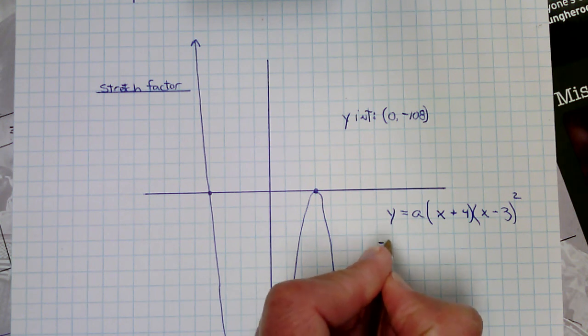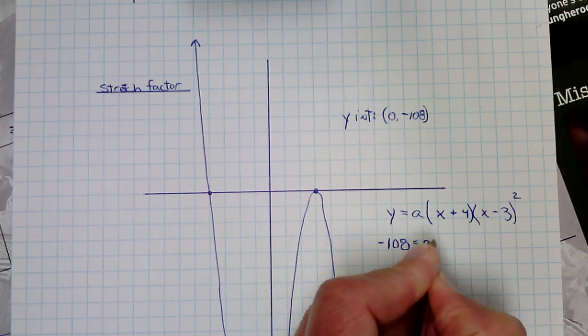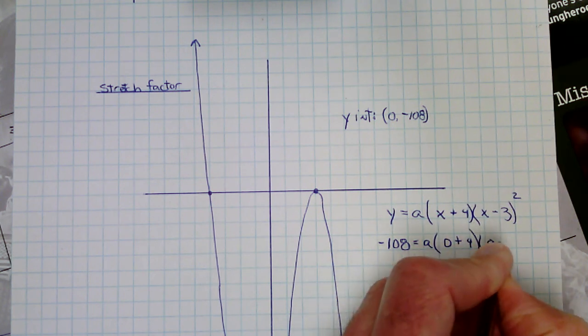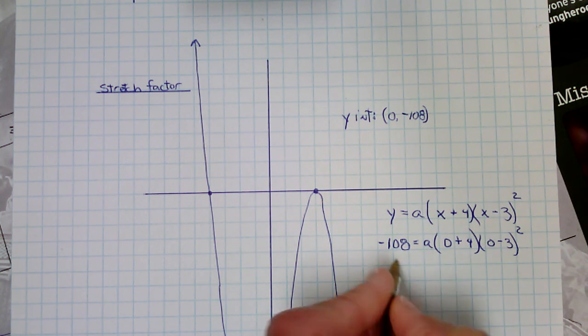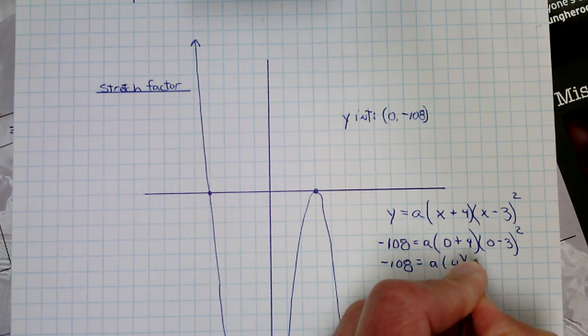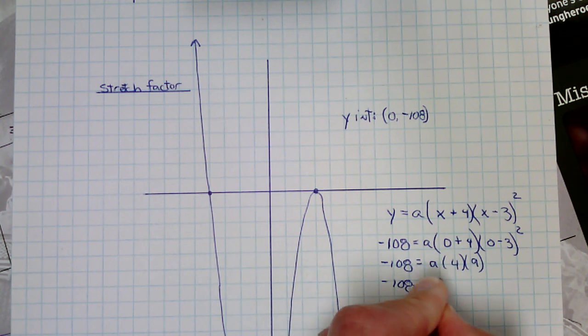We've got negative 108 equals a times (0 plus 4) times (0 minus 3) squared. So I have negative 108 equals a times 4 times 9. So negative 108 equals 36a.